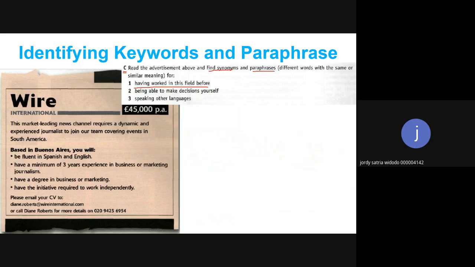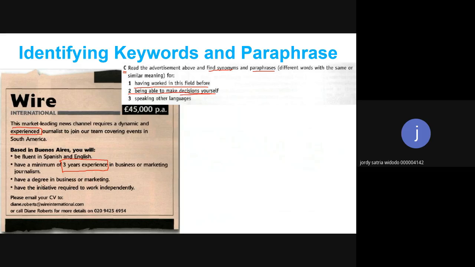Having worked in this field before. What is the paraphrasing word? That's perfect. You've got experienced here, 3 years experience. You have worked in this field before. Number 2, being able to make decisions yourself. The keyword is decision, and yourself, alone.